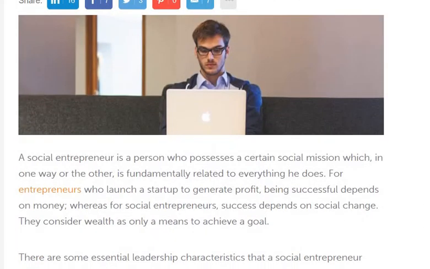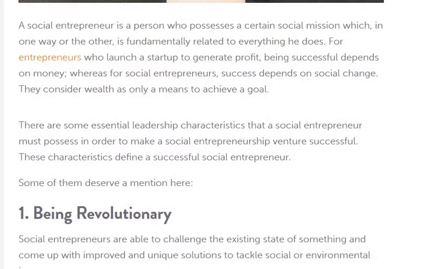Bismillahirrahmanirrahim. A social entrepreneur is a person who possesses a certain social mission which in one way or the other is fundamentally related to everything he does.